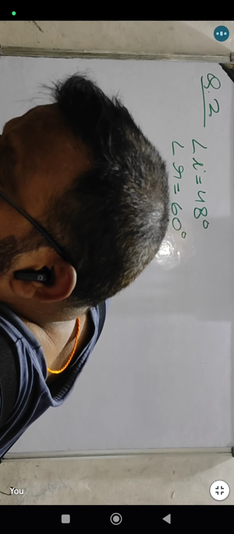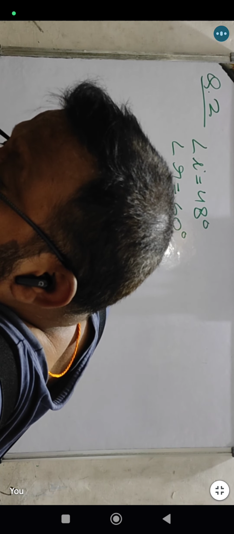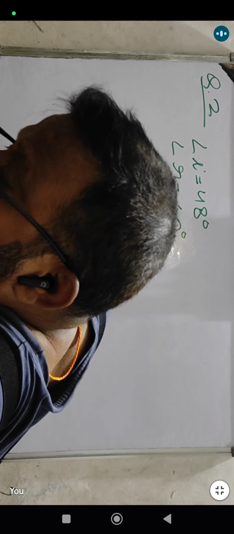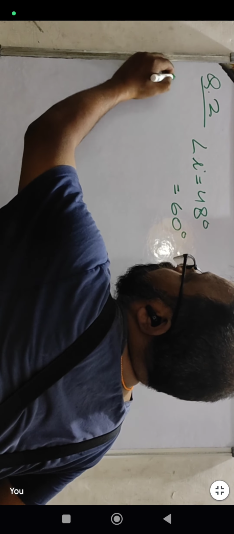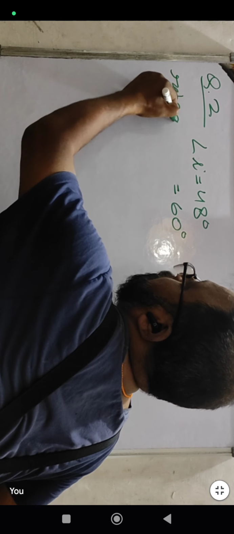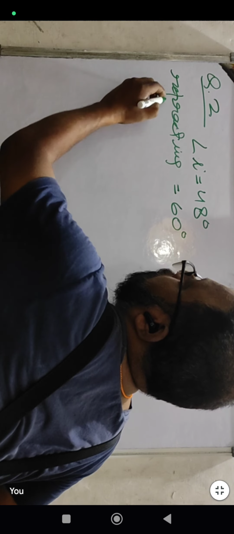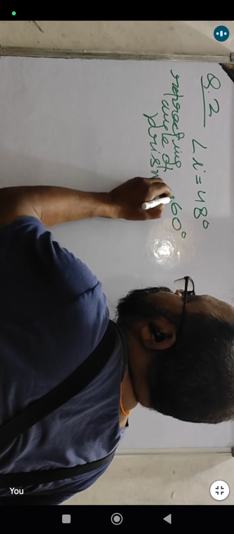A ray of light is incident at 48 degree on a prism of refracting angle 60 degree, and that is equal to the angle of prism, right?